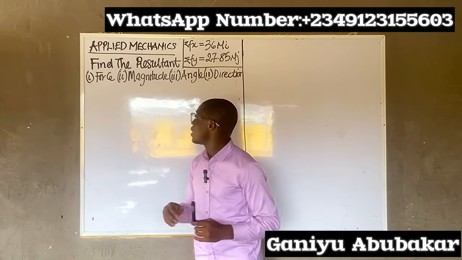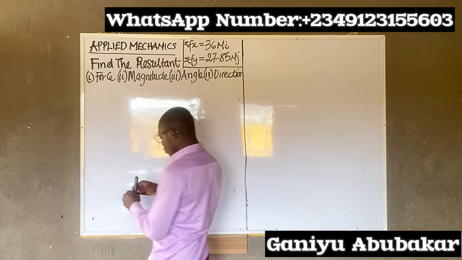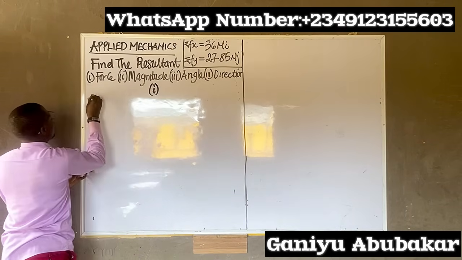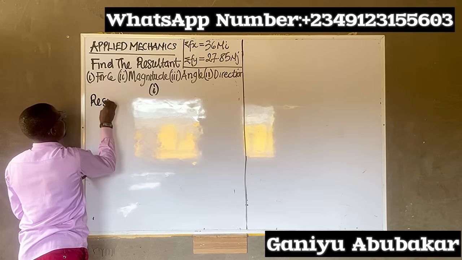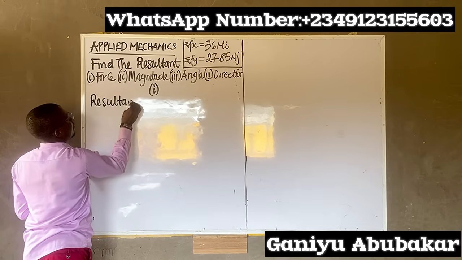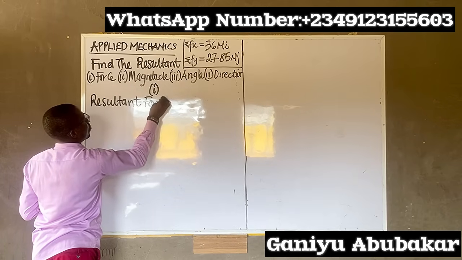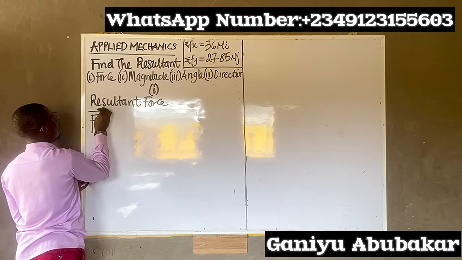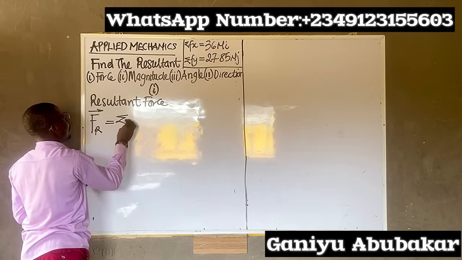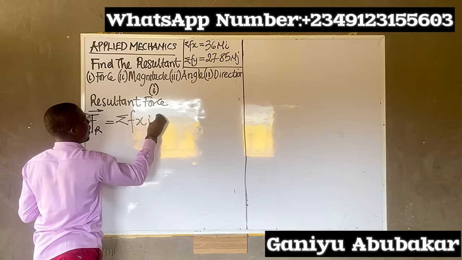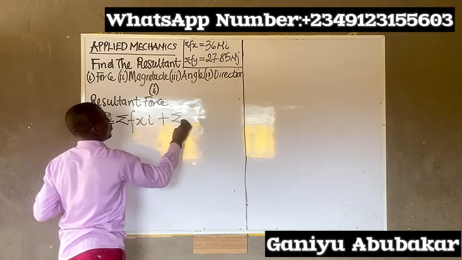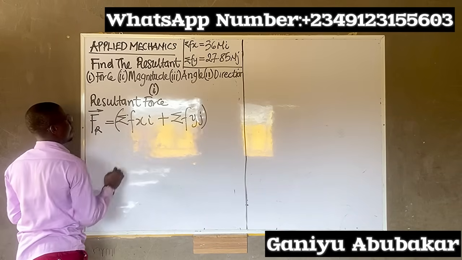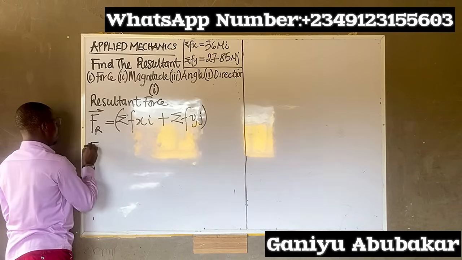Welcome back. Let's get I. For I, we are asked to find the resultant force. That's F resultant is equal to summation f of x I plus summation f of y J. Alright, getting values.